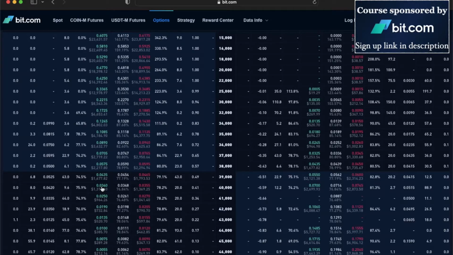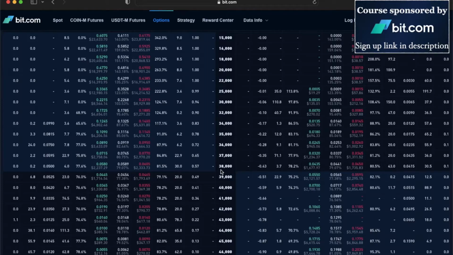As you can see, these are all the in the money options. In the money options are always high priced because that price is already priced in, so you are placing a very safe bet.